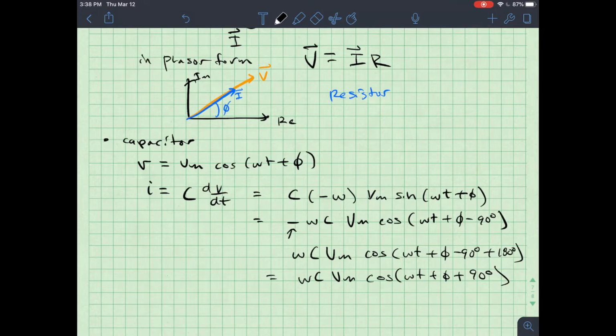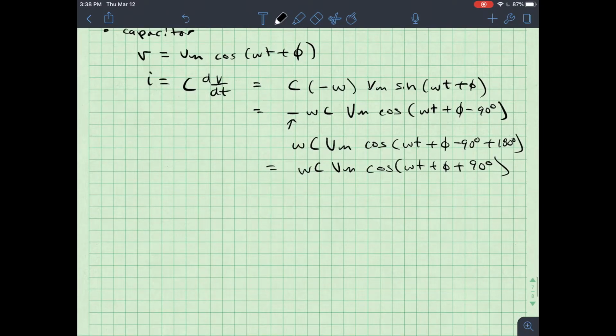Now, let's go ahead and convert this into phasor form. I phasor then is equal to omega C angle phi plus 90 degrees. Now, something that is interesting is that one angle 90 degrees is just equal to j.